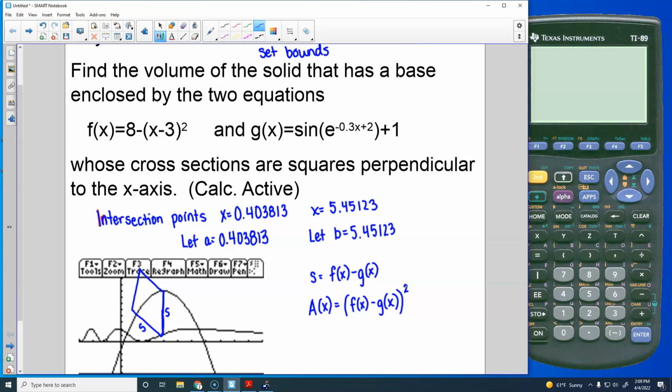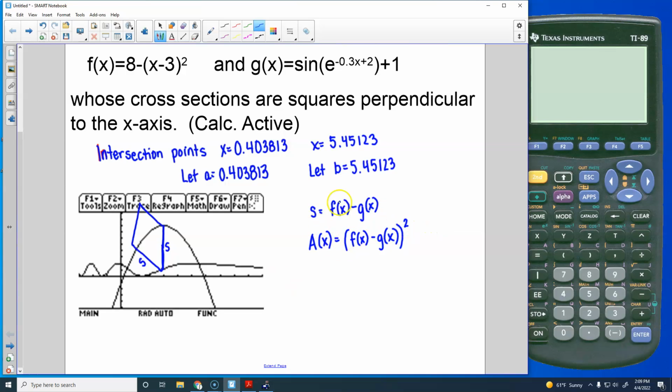So what we need to do now is find all of the squares between 0.403813 and 5.54123. To accumulate all of those, to add all of those squares together, we can use an integral. You get the formula for the area of your cross-section here, and then you integrate that.